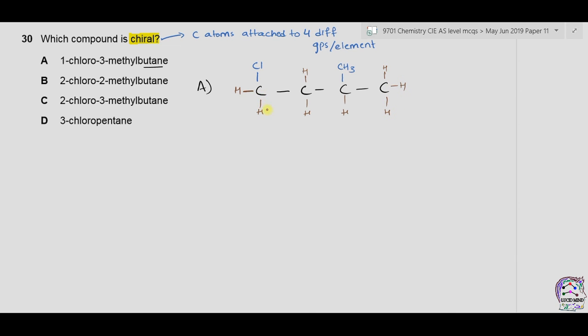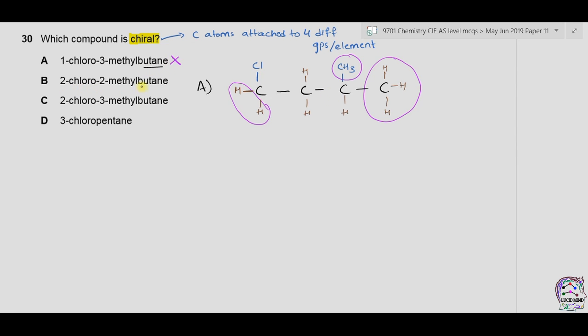Now we can see that with first carbon atom, two similar atoms are present, so therefore this is not chiral. Again, with third carbon atom, you can see that two methyl groups are attached which are similar, so therefore none of the carbon atom is chiral.